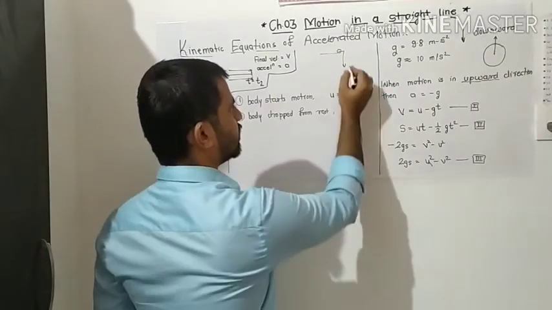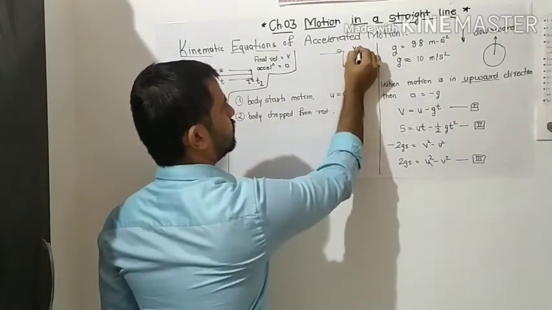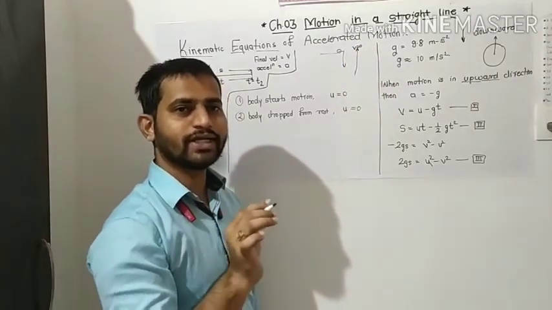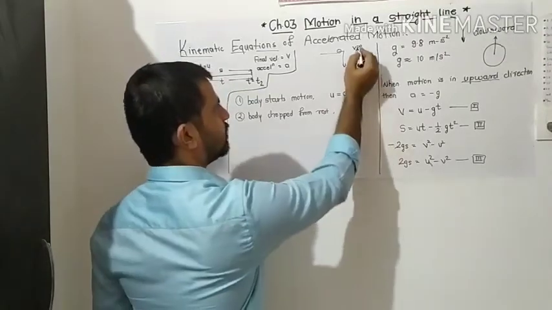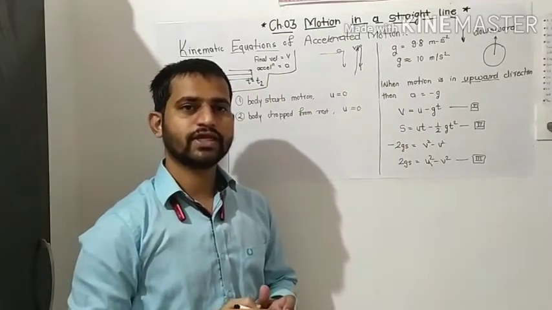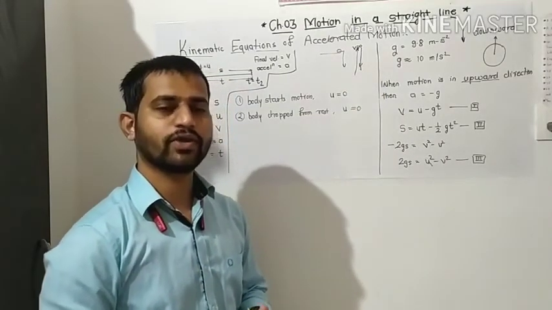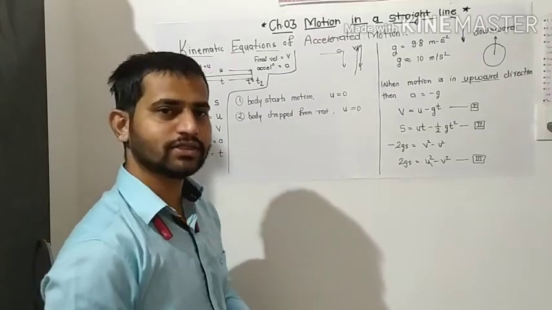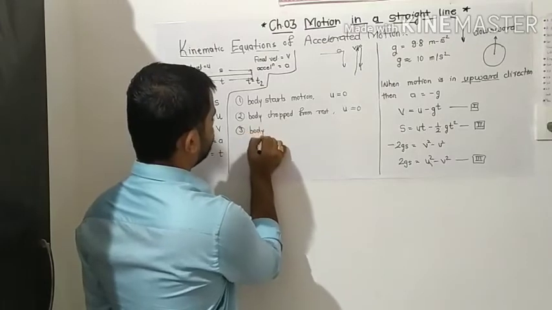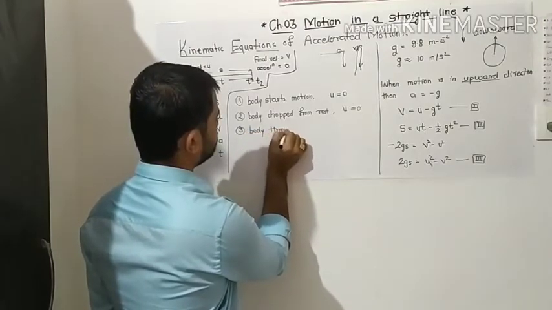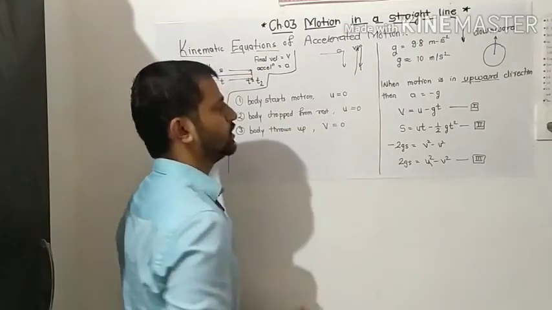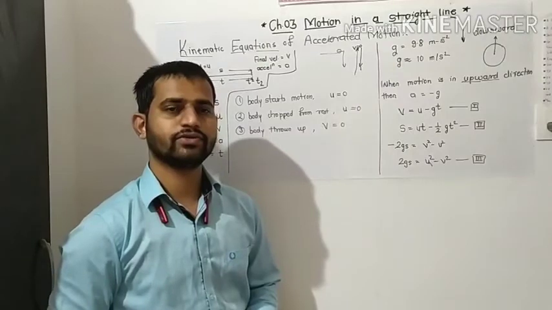So if there is a sentence that the body is thrown upward, then its final velocity v is equal to 0.